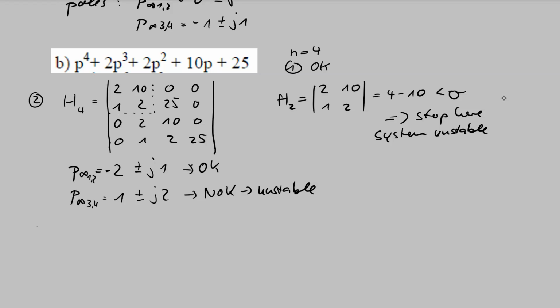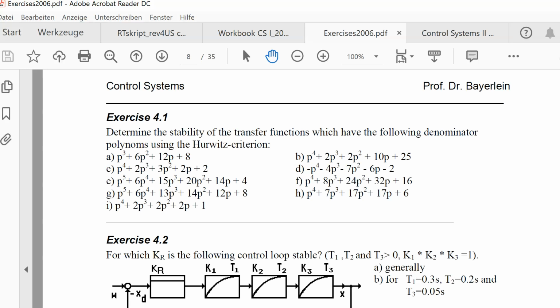Let's go now with the third example. Let's go with an N5 example. So task E has a fifth order polynomial function.